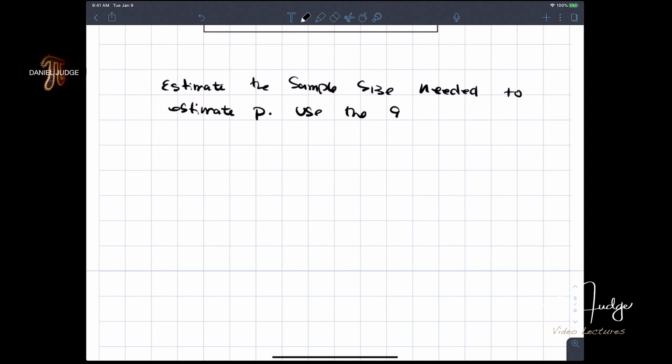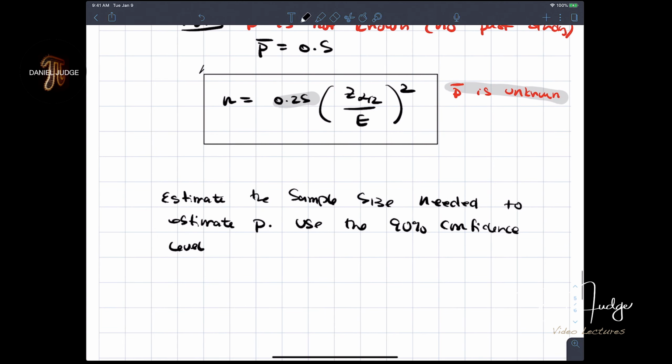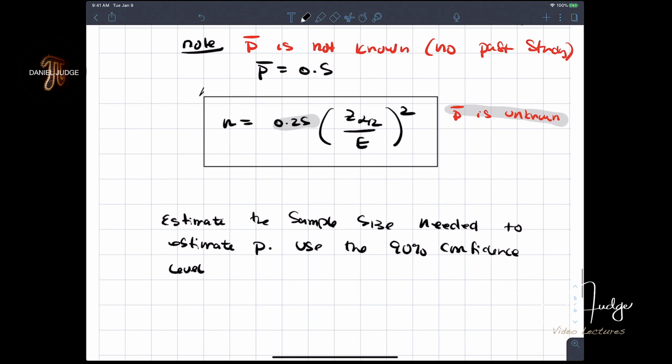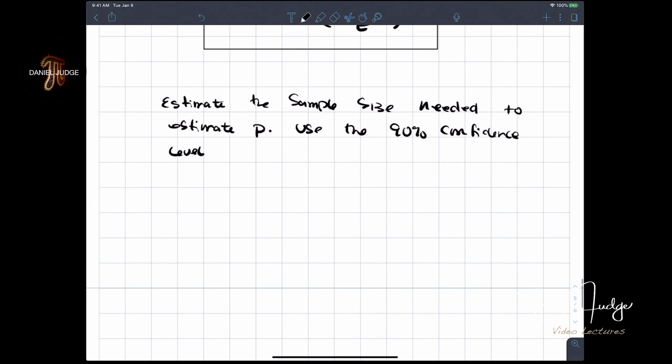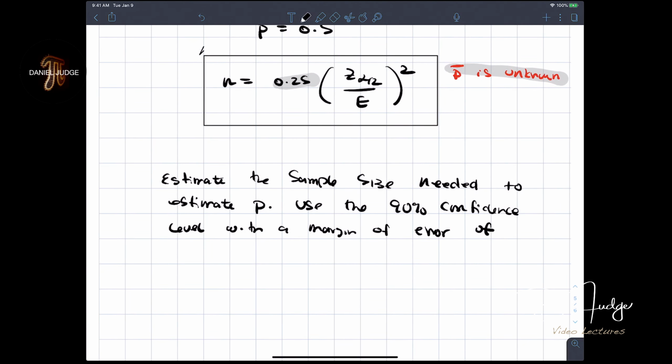Use the 90% confidence level. And the margin of error, let's take a look at number 11 here.